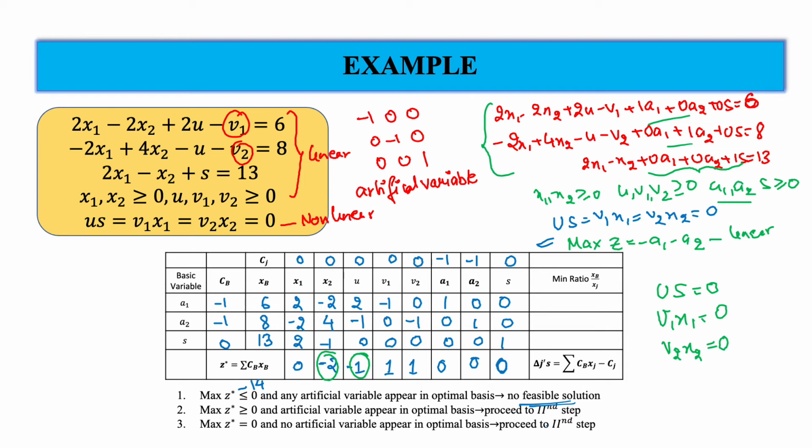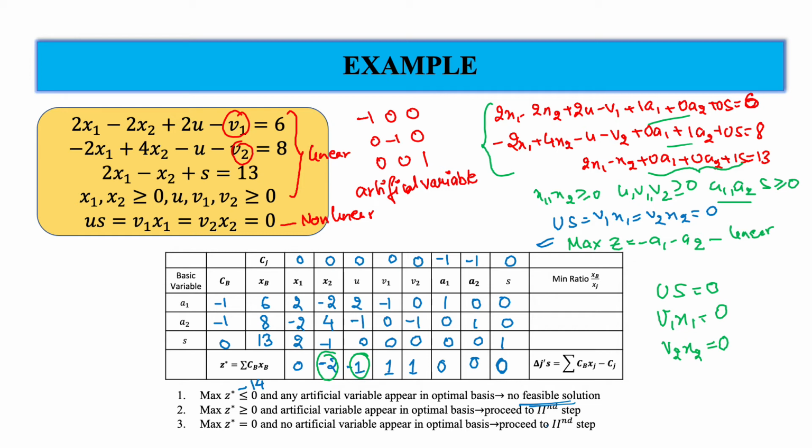So these are 3 extra conditions other than the simplex algorithm which we have to consider all the time. That means both the variables u and s, or v1 and x1, or v2 and x2, must not be there simultaneously as basic variables.